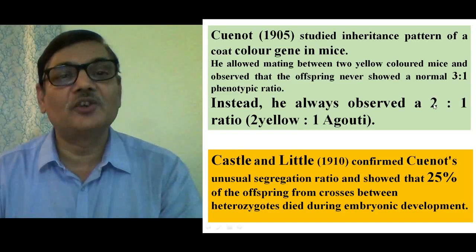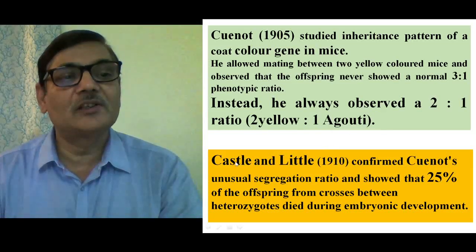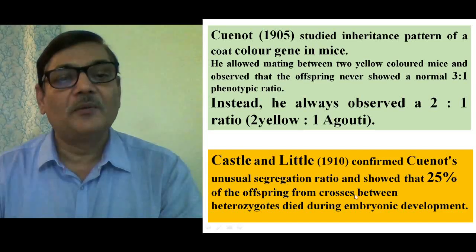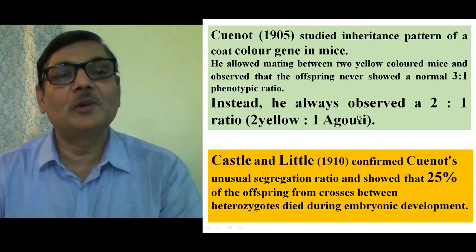the real cause of such deviation in the ratio. So in 1910, other scientists like Castle and Little confirmed Cuenot's unusual segregation ratio, and they observed that 25% of the offspring from crosses between heterozygotes, that is, two yellow mice, died during embryonic development. The mice being used, yellow ones, were actually heterozygous.